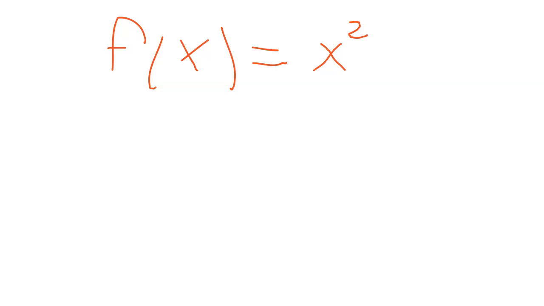And so when you're finding the derivative to the function x squared, what you're simply trying to do is find the tangent line at a specific point of a function. And for an exponential function like this, the derivative, which would be f prime of x, let me undo that real quick.